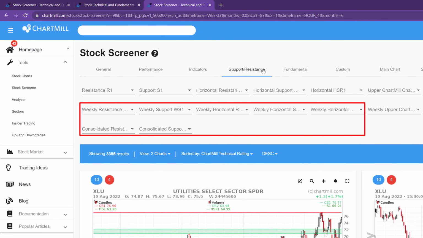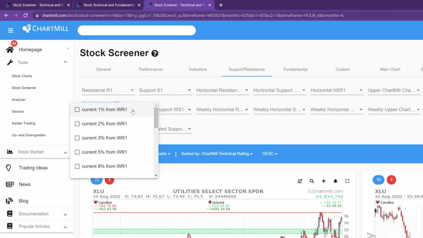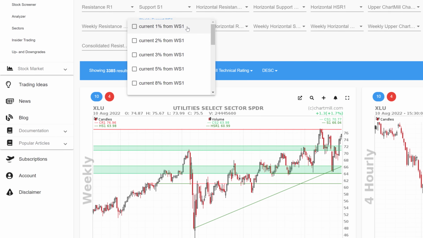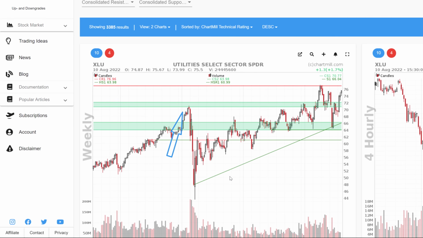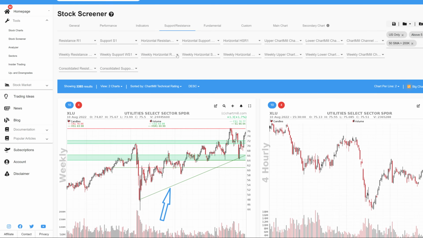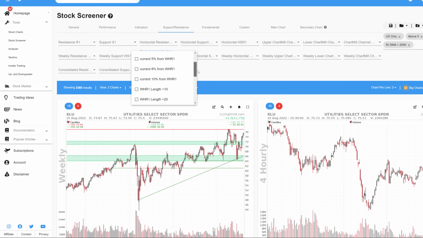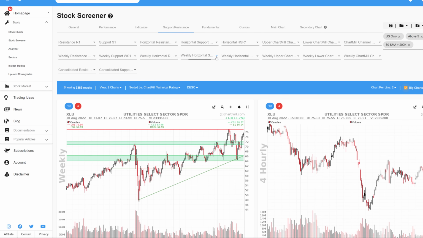The weekly resistance and weekly support tabs take into account both the horizontal support and resistance lines, as well as the diagonal trend lines that ChartMill recognizes. The weekly horizontal support and resistance tab only takes into account the horizontal support and resistance lines, but both options identify support and resistance levels at a specific price level.